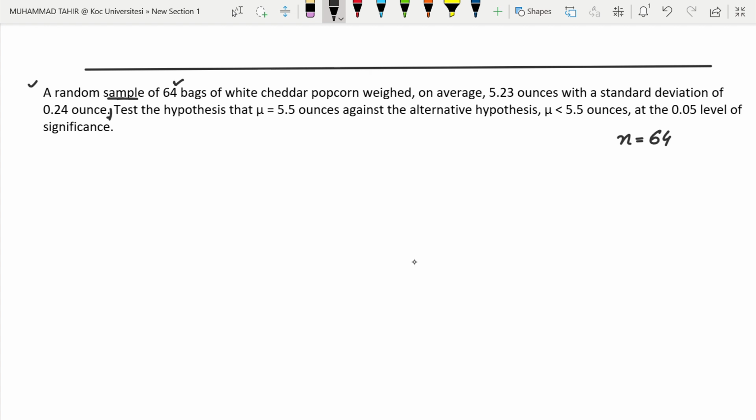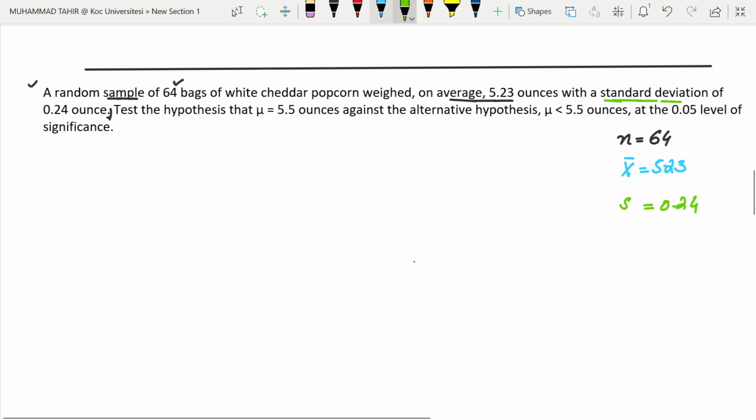So this is the size of the sample, and here I have the average of the sample, which is 5.23, and then the standard deviation of the sample, written as S, is 0.24.